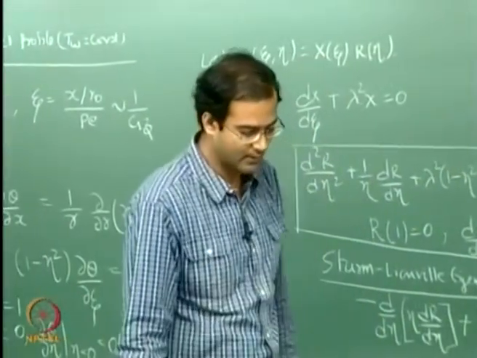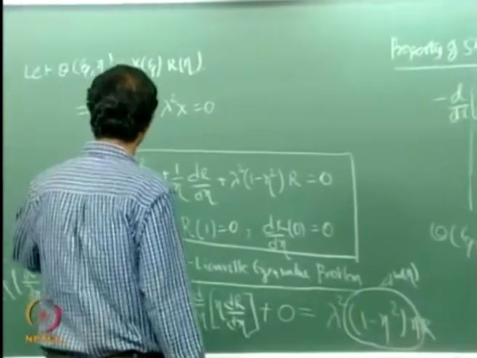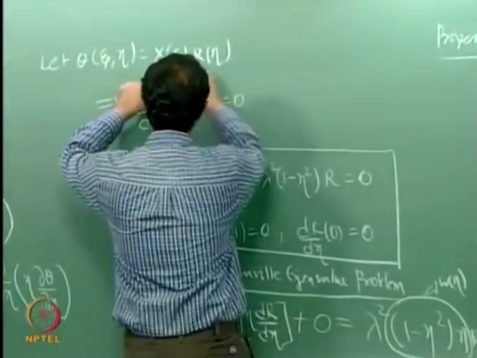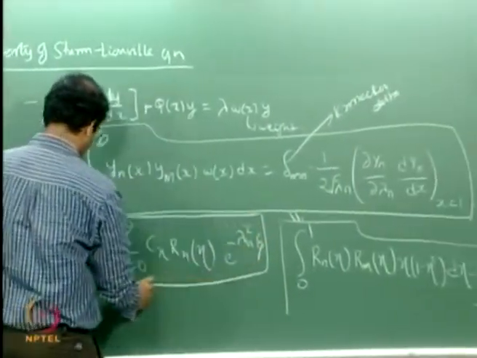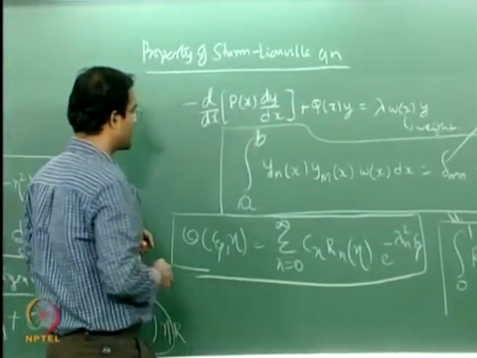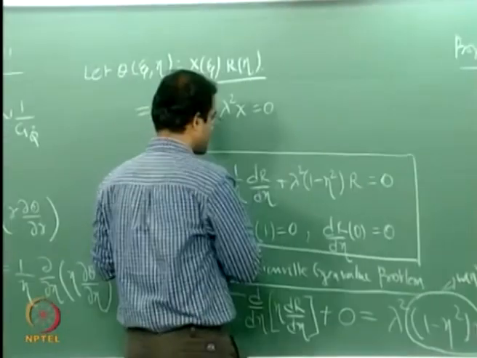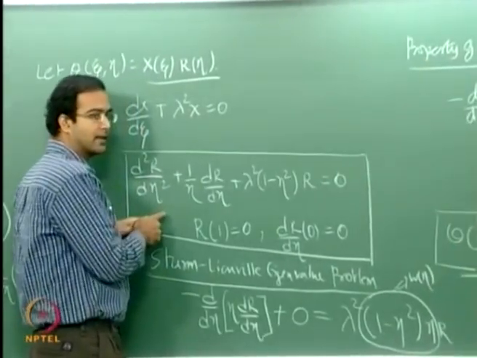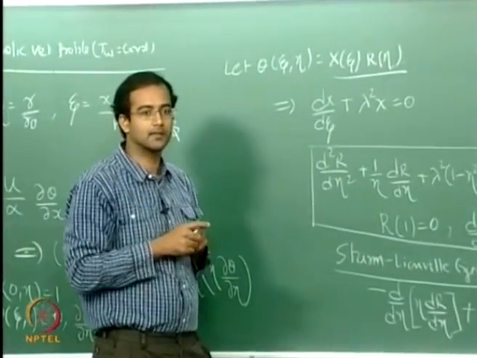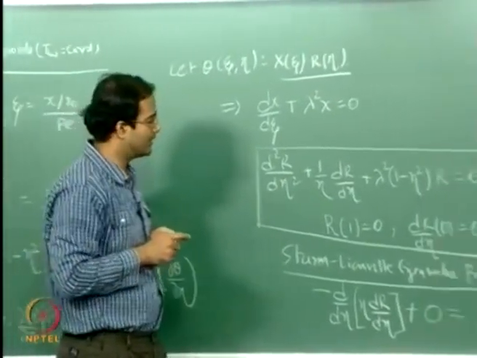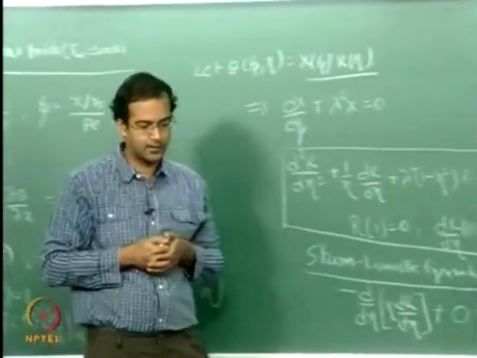If you want to write the final solution for theta, which is basically x into r, you need the eigenfunctions. In this particular case this is an ODE, and to get the eigenfunction you have no other option but to solve it numerically. You can once again go back to your shooting method.